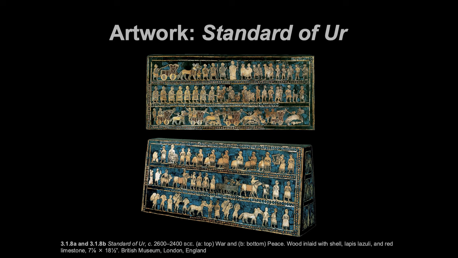So this is the war one. The soldiers are here running over the bodies of the enemies, and then the ruler would be up here. We don't know whether he was a religious leader, or just thinking he was king, a political leader.